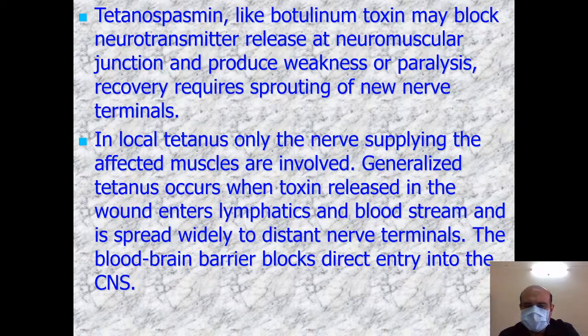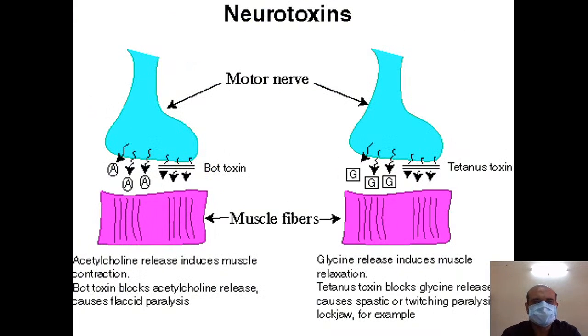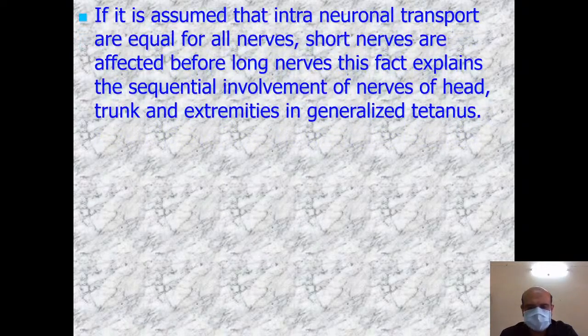The blood-brain barrier blocks direct entry into the CNS. Coming to the neurotoxins, the motor nerve, muscle fiber.